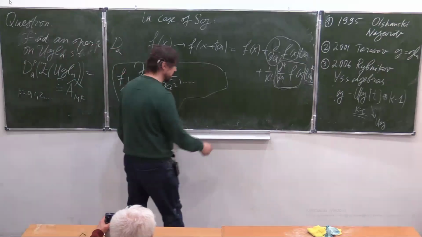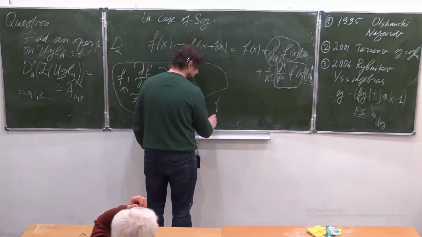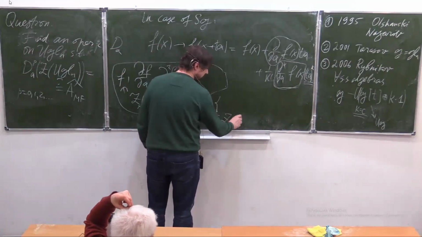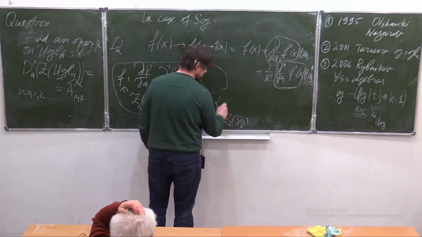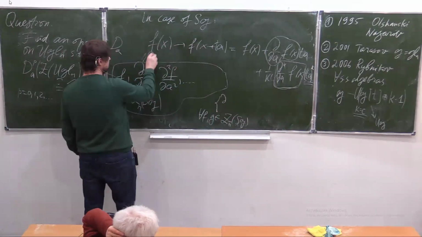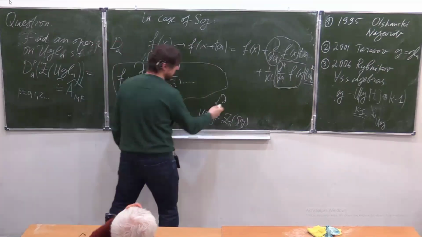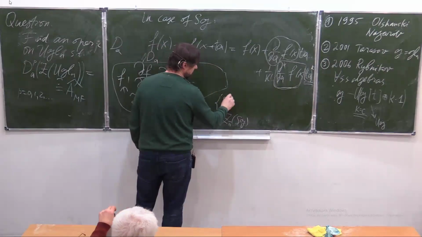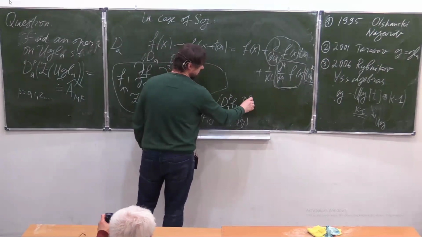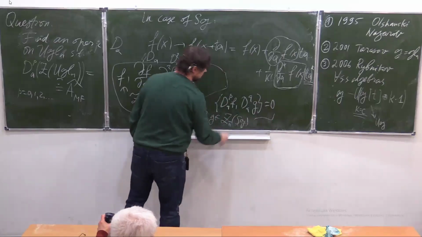In particular, it means that if you take any elements F and G in the Poisson center of S(g), and let me denote this operator as D sub A, then D_A to the power P of F and D_A to the power Q of G give you 0 as a result.